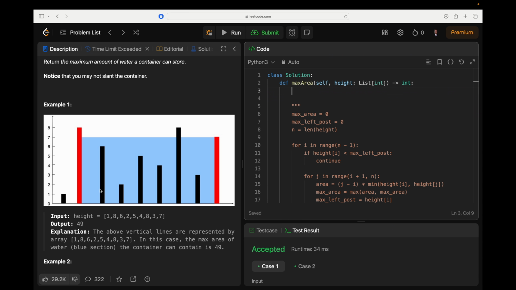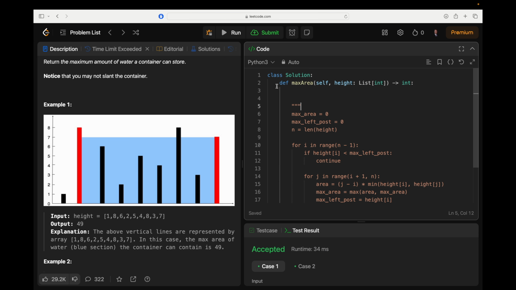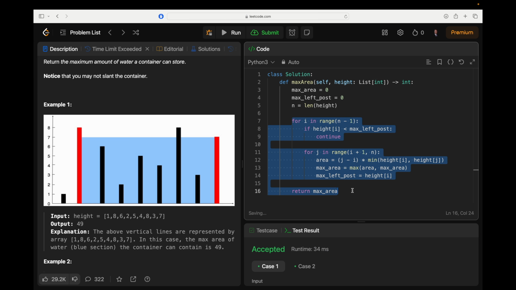So right away, the reason why this takes so long is because of this little guy right here. This guy is saying that each value has to check the remaining values, giving it O(n squared) time.